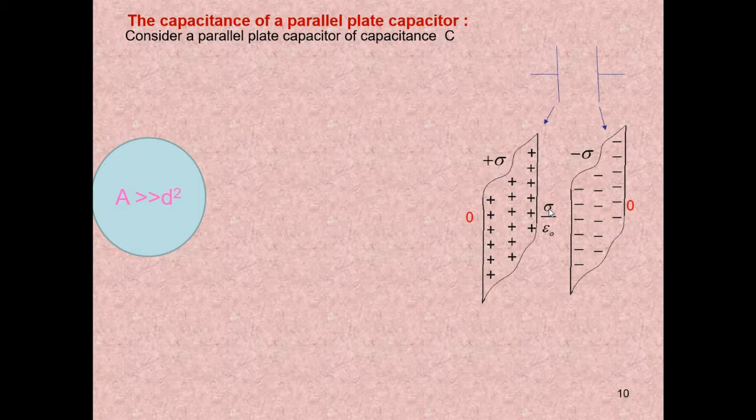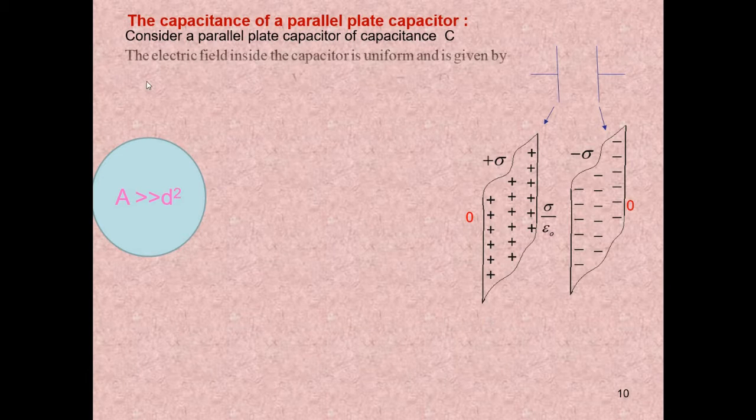What is sigma? Surface density of charge. In this case, charge per unit area, Q by A. So in between the plates, far from the edges, inside, the electric field is sigma by epsilon naught.